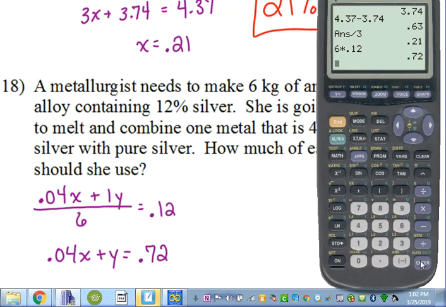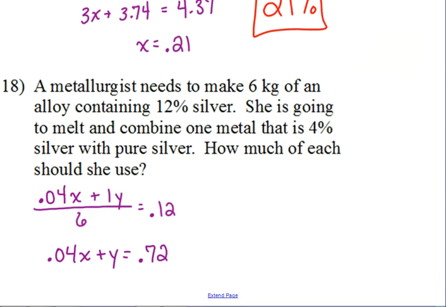But the problem is we have 2 variables. So anytime we have 2 variables, that must mean that we need 2 equations. So the other equation is that X plus Y is 6.